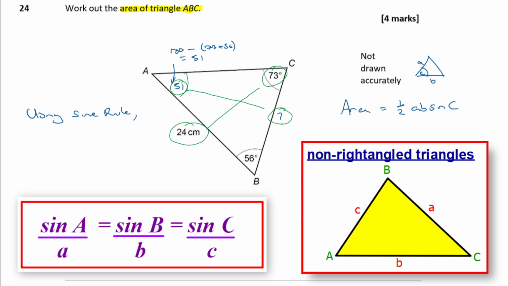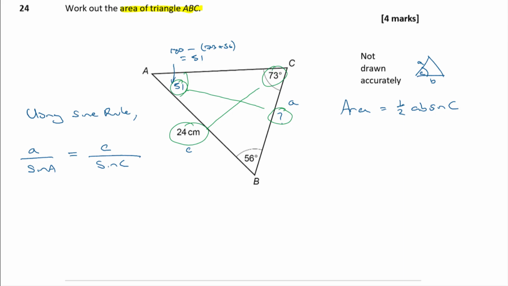So I want to find side A, don't I? A is the side opposite angle A, and I've got C, which is opposite side C. Okay, so I'm going to say A over sine A, because A is the thing I want to find. That is equal to C over sine C, because they're the things I've got. Okay, so subbing in what I know.